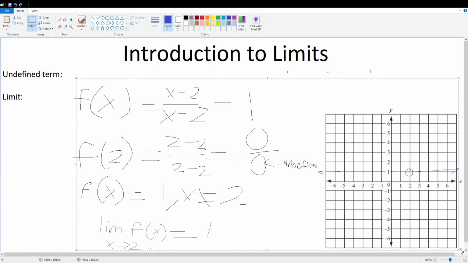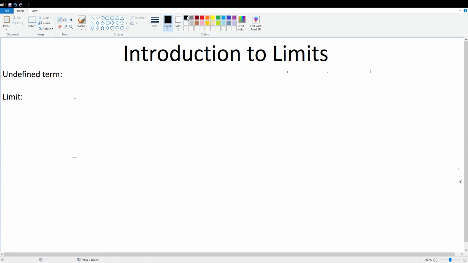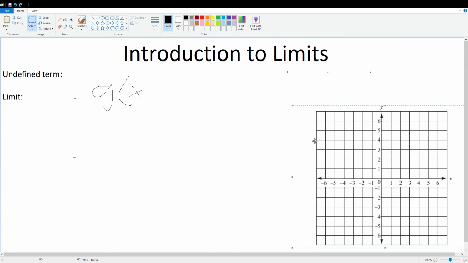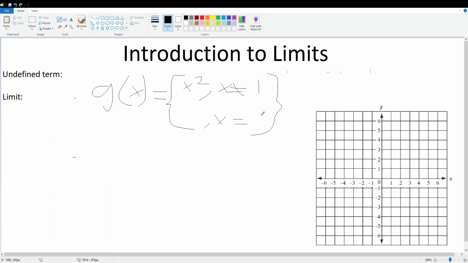Next example I got, so g of x, oh shoot, that was a bit of my bad. g of x is equal to, let's see here, x squared if x is not equal to 1, and when x does equal 1, it's 2.